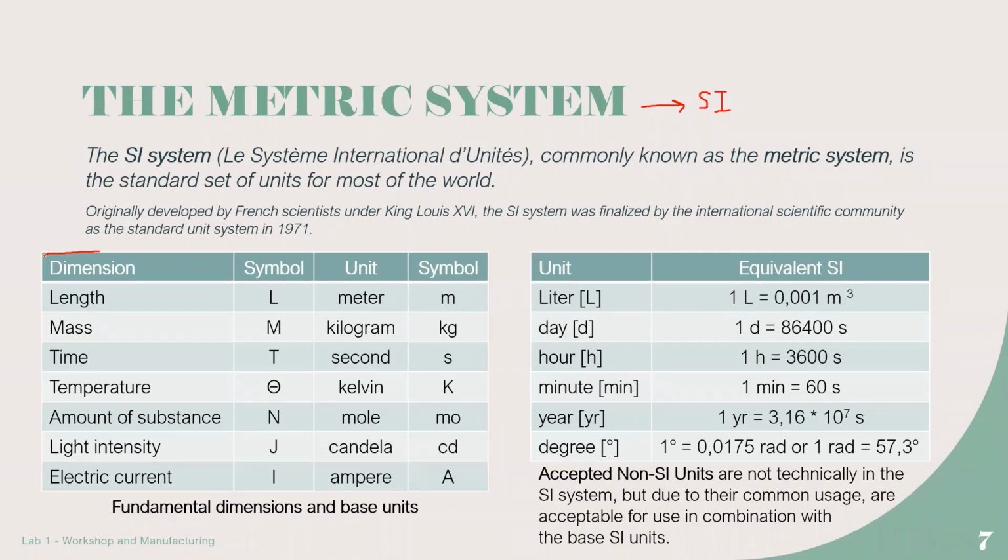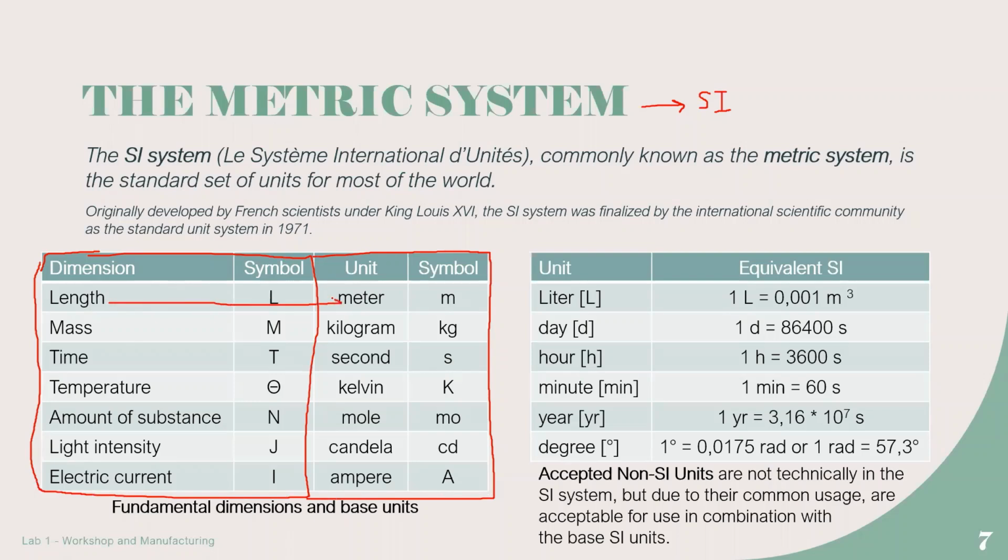Here, this is dimension and symbols. For length, you have symbol L. For mass, you have this symbol. And units, these are SI units. So dimension length has unit meter and its symbol is this. Okay.